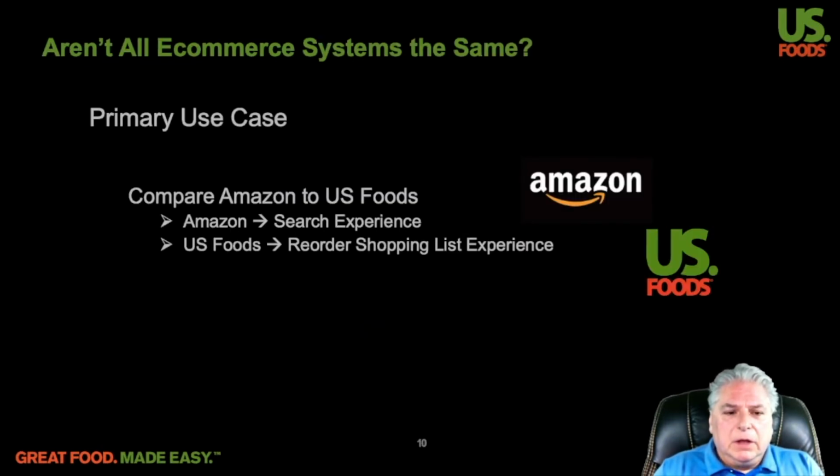And so what I'd like to do is just walk through a use case of thinking about shopping on Amazon compared to US Foods. Now, of course, restaurants can purchase off of Amazon, and I'm sure they do. But when you think about the use case for our customers, the primary use case versus Amazon, think of your experience with Amazon.